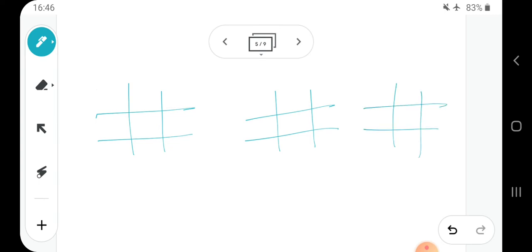Let us check. Suppose he marks here, then he covers these and this. If he marks here, this is a unique position. If he marks here, then this is equivalent to this and this. So now you can see that just by taking 3 different moves, the first player can cover all 9 different positions.